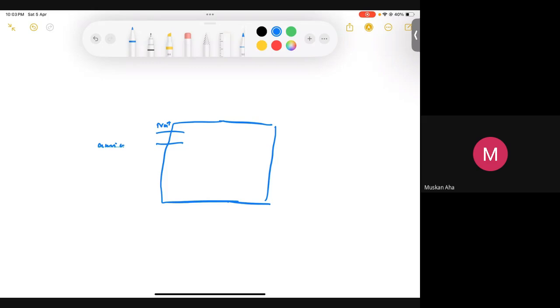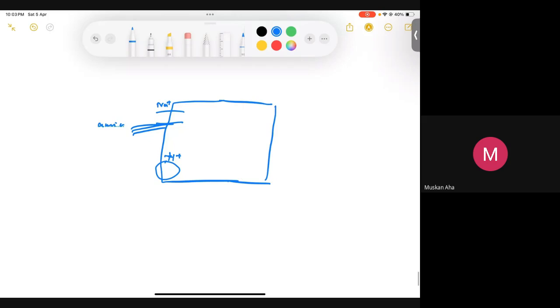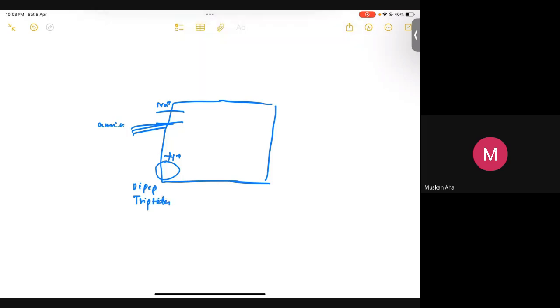Remember, sodium-mediated transport is going to help absorb your amino acids. While your H plus mediated transporter is going to help absorb your dipeptides and tripeptides. Is that clear?